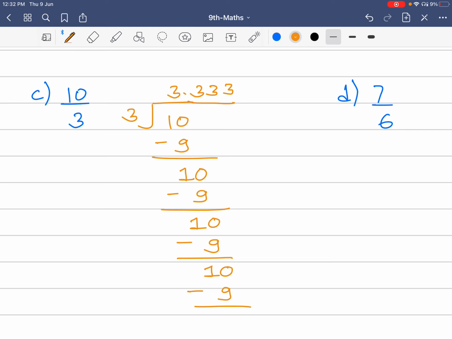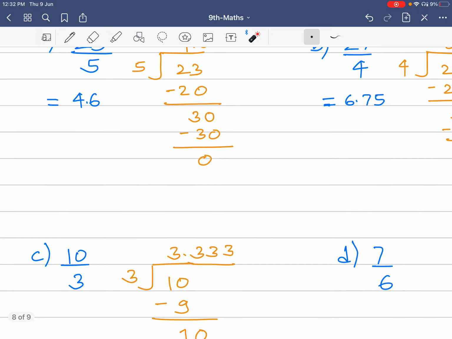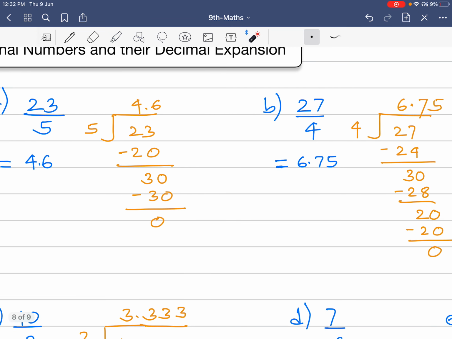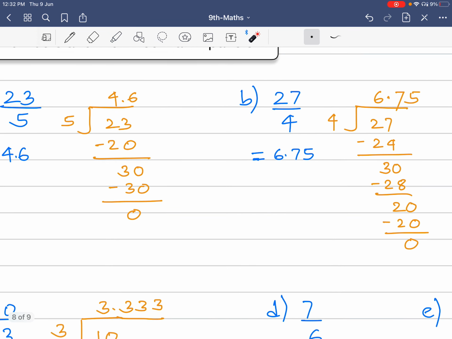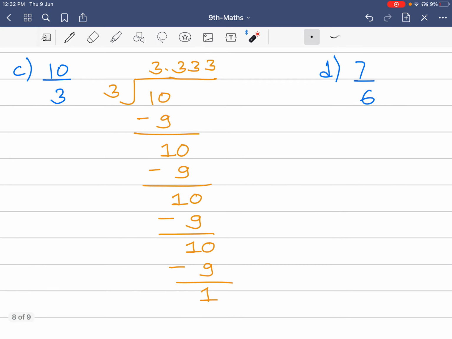As you can see, this division continues. This division never stops, unlike the division that we saw previously where the remainder came 0 and then it terminated. Here you can see a repeating process. Every time the remainder is 1, and every time it becomes 10, and then we do 3 threes are 9. So if you note down the decimal expansion of 10 by 3, you can see that the digits are repeated forever.